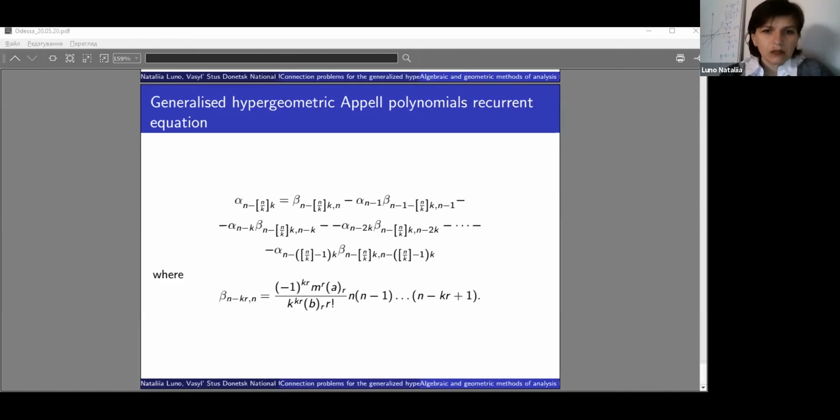As a consequence, as an example, the Hermite polynomial is a particular case of Gould-Hopper polynomials, and the recurrence equation for Hermite polynomials is also obtained from our results.